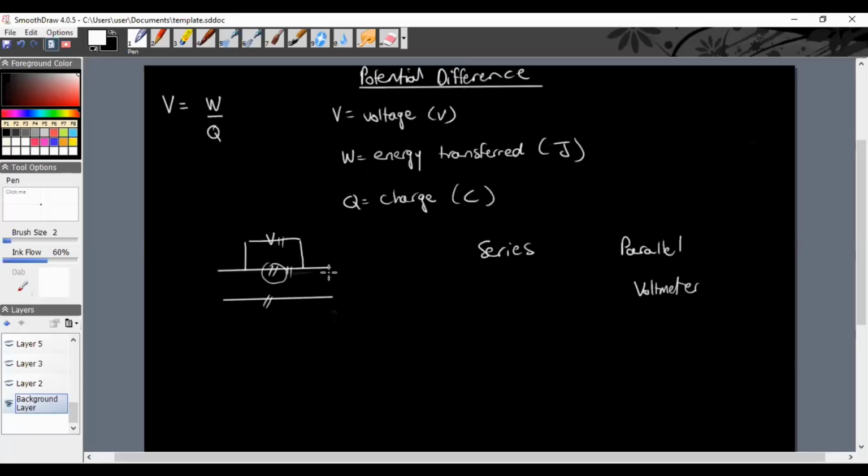If it was connected in series, it would have been on the same line as the object, which would be series. A voltmeter cannot be connected in series. It breaks circuit law.